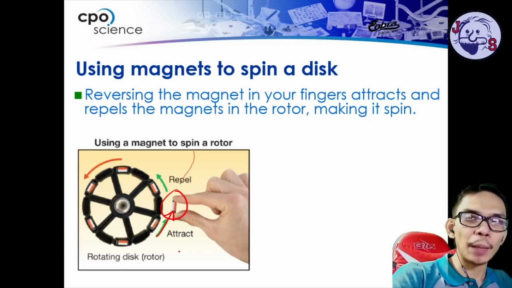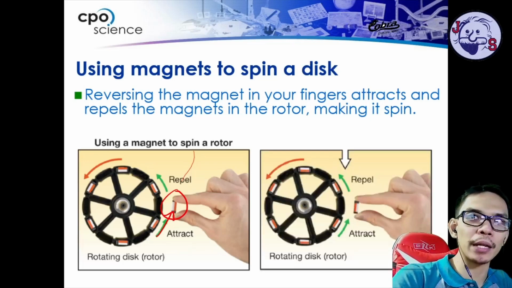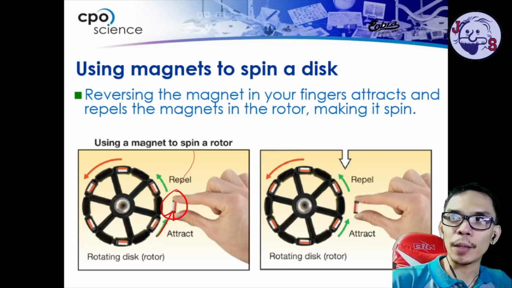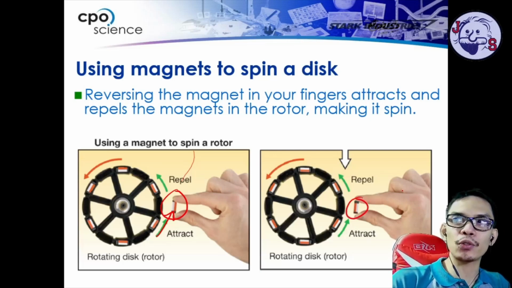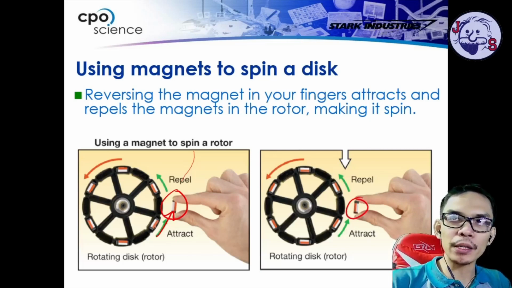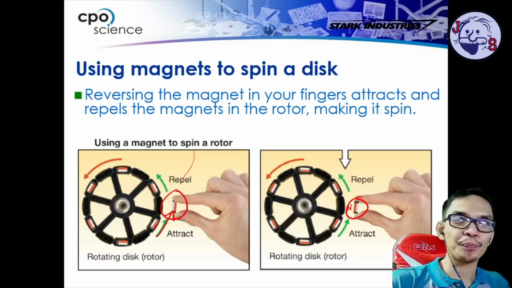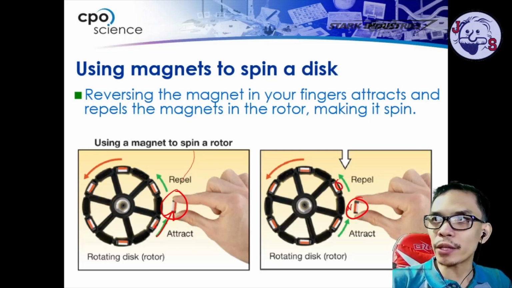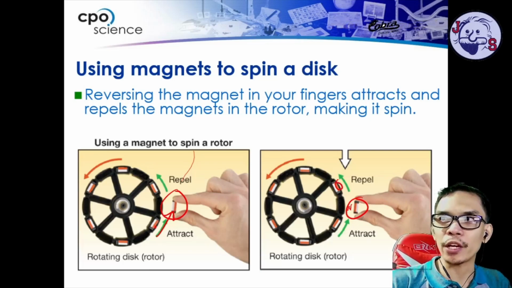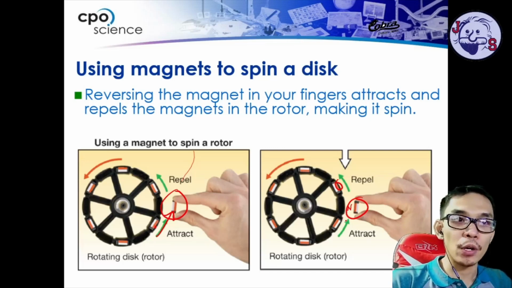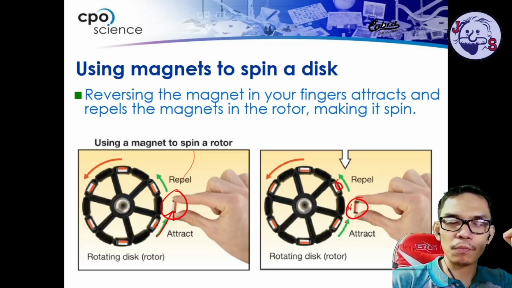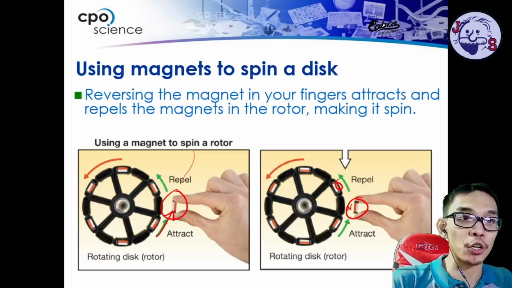Now, if you reverse the polarity of the magnet that you are holding, remember that this one is attracted in the first part, then it becomes the north pole. Therefore, these two that you have right here will be repelled. The force in between them will be repulsion.